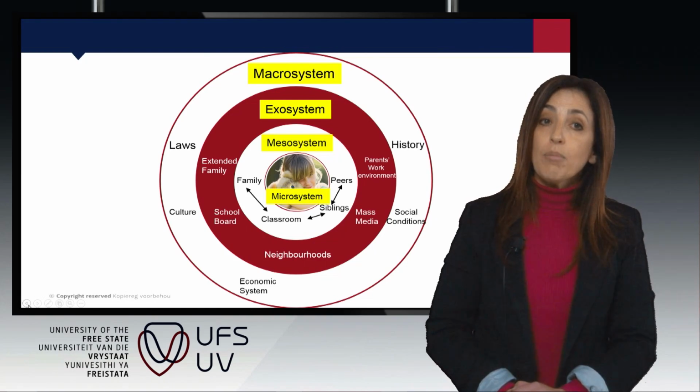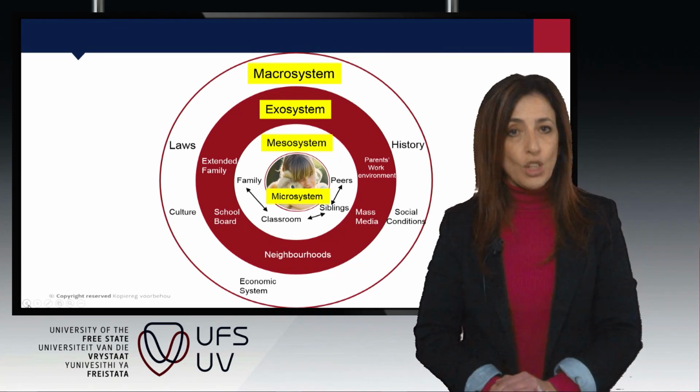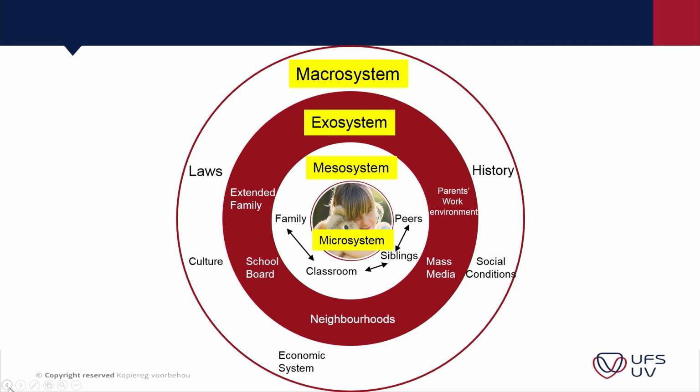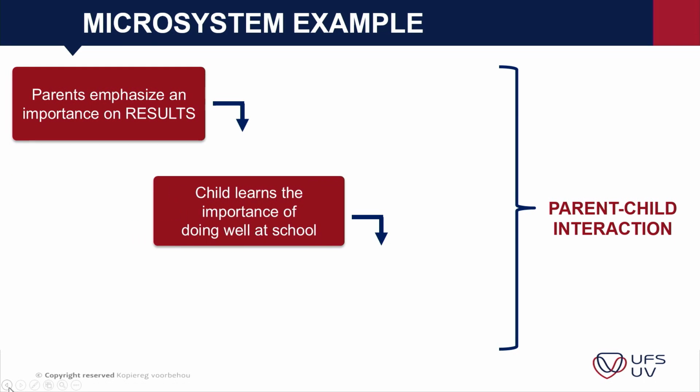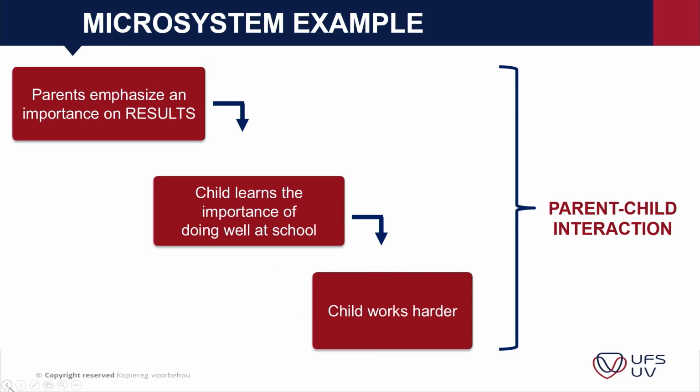In the microsystem, the parents have a huge influence on the child. Parents' ideas and beliefs are carried over to their children. For example, if a parent emphasizes an importance on results, the child learns the importance of doing well at school, and the child works harder at school.